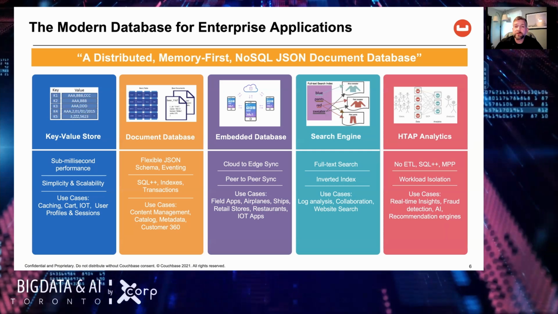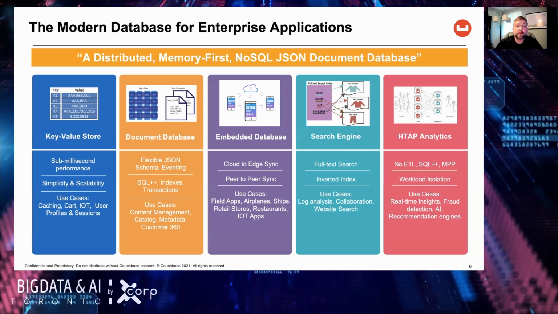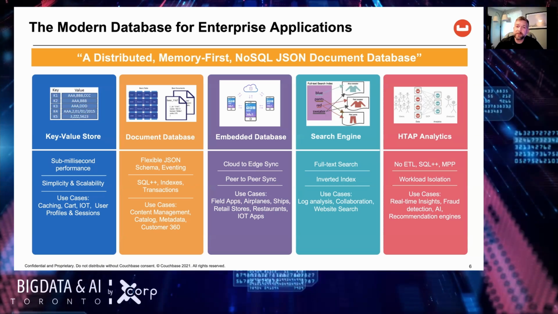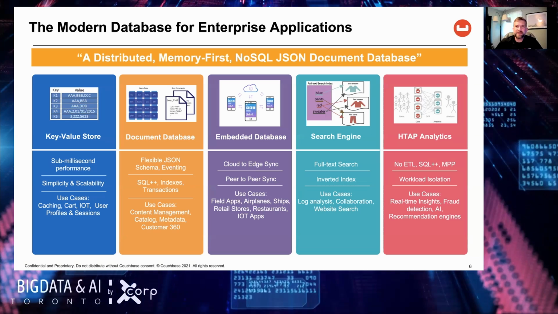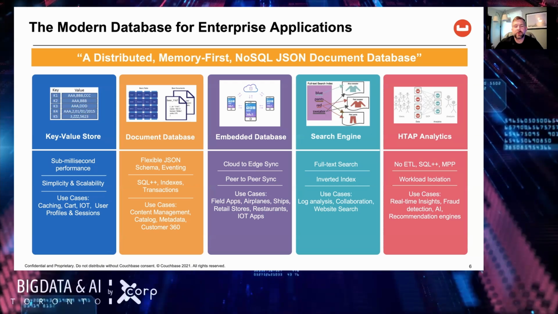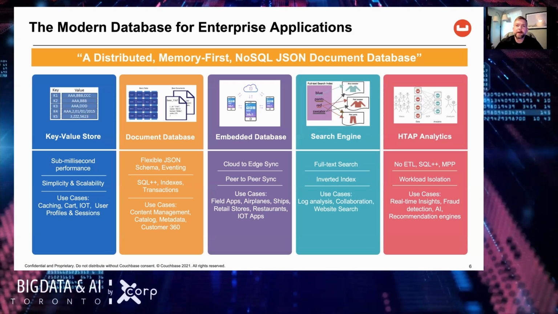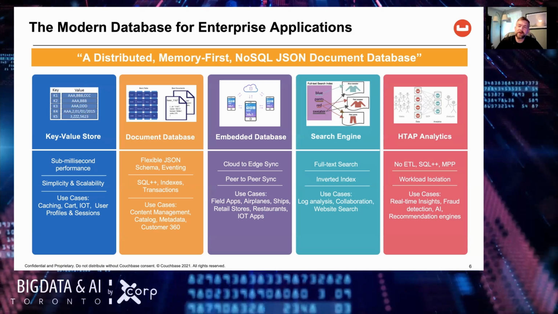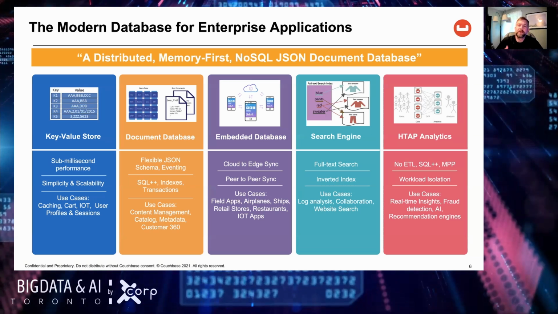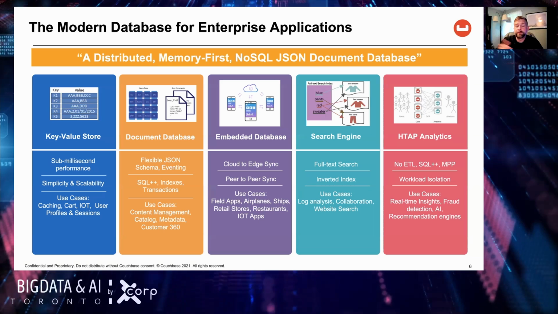On top of that, we also have a mobile stack as well. We offer a lightweight embedded database called CB Lite. That's for disconnected environment use cases. Carnival Cruise Line uses us for this right now for their ships. And it can do peer-to-peer sync, or it can actually do device to your kind of edge database sync as well.